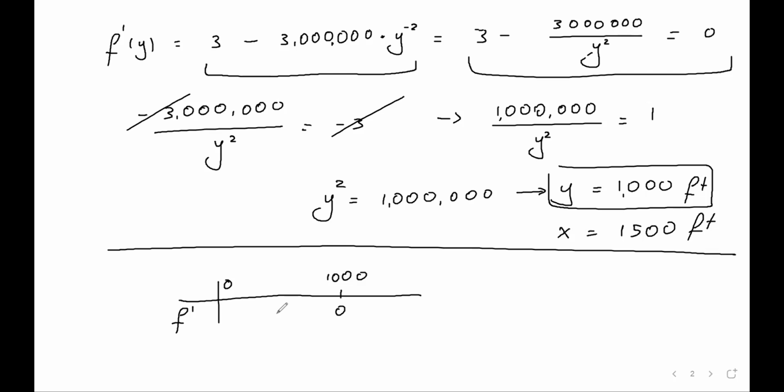So f prime is that. We saw that at 1 it is negative, so it's negative on this side, and we can check that when y is, for example, 3 million, 3 minus 3 million divided by 3 million squared is a very small number, certainly less than 3. So the derivative will have a positive sign here.